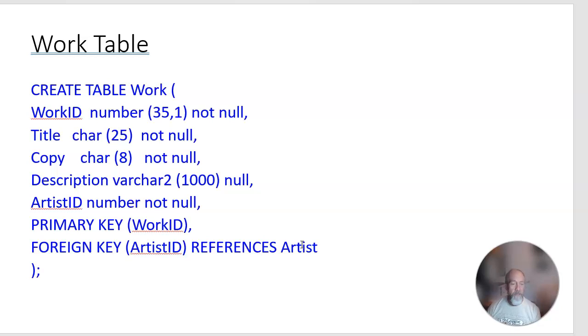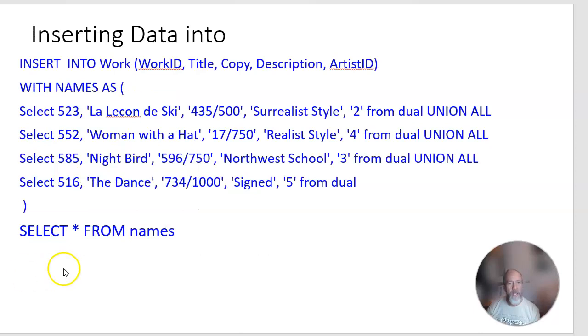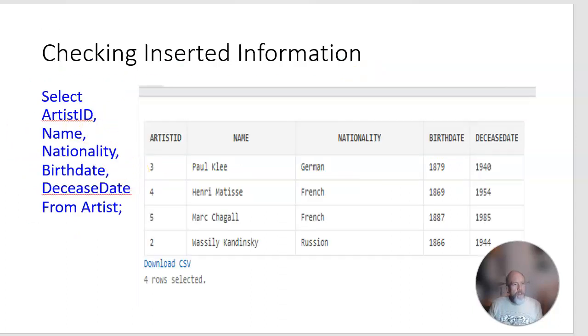Now, here's the thing. When you put something into work, you have to give it the correct artist ID, not the artist name, the artist ID, when you insert. So when you're inserting, in this case, we're going to use the multiple insert capability. But notice here, when we have La Leconte, which is a surrealist style painting, by artist number 2, well, if we go back up here and look at artist number 2, let's find artist number 2.